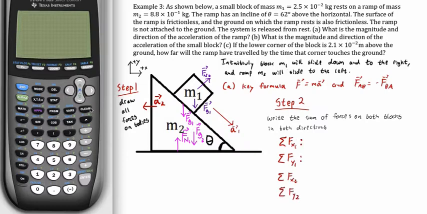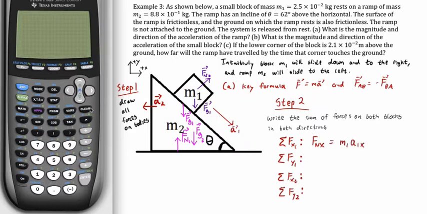So what are each of those going to look like? Well, for the first one, the x for object 1, we're going to have a component of the normal force, so we'll call that F_Nx, and then that's going to equal a component of the acceleration force, so that would be m1a1x.